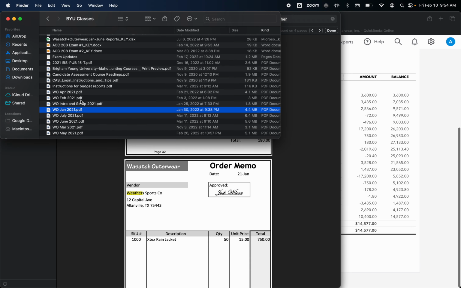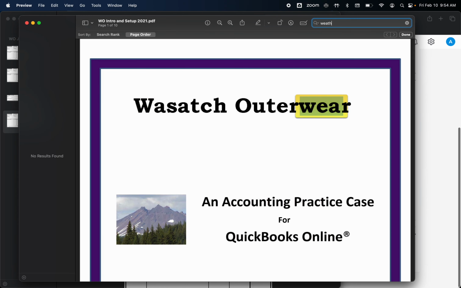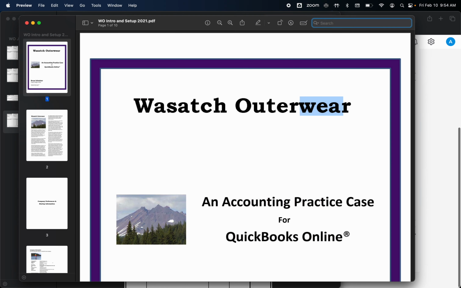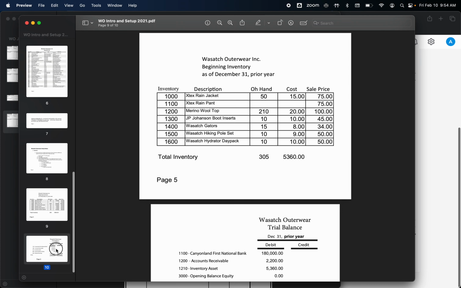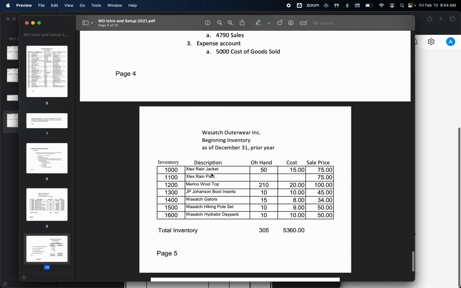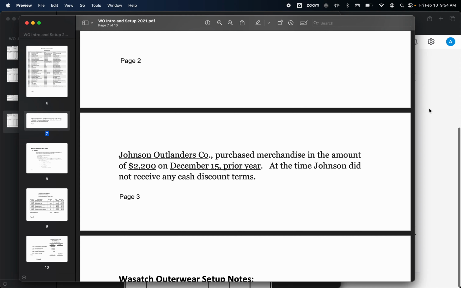Did we have anything for Weather Sports Co in the intro and setup? What check did we have in the setup? Johnson Outlanders.